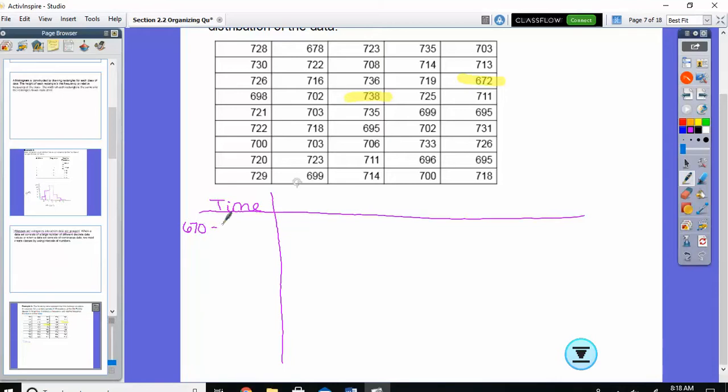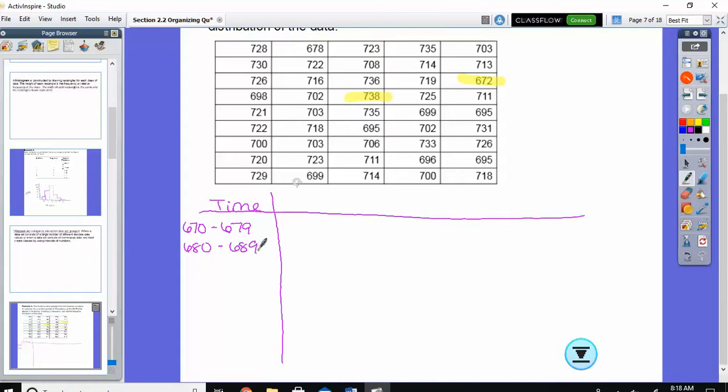So the first class will be, I don't want to say between 670 and 680 because I want the next one to start at 680. So where should I stop this first one? Okay. What if I had decimals? If I had all like one decimal place on each of these, what would you have to stop at? 679.9. Okay, if I had two decimal places, you would stop at 679.99.